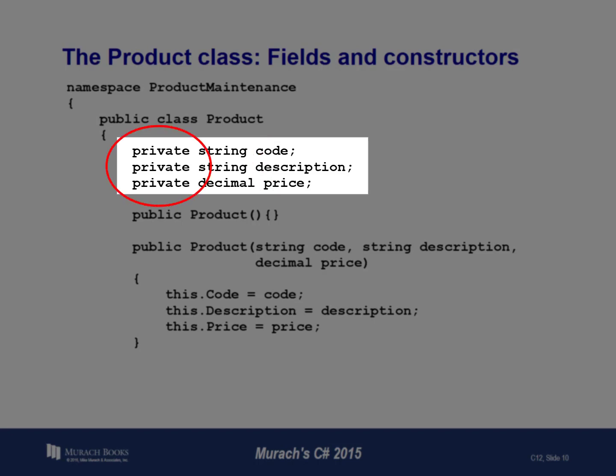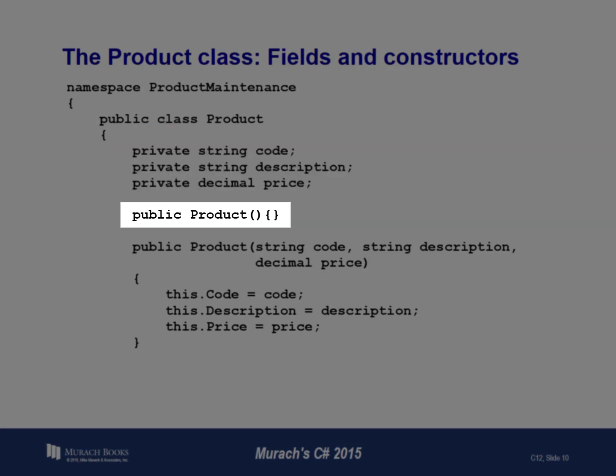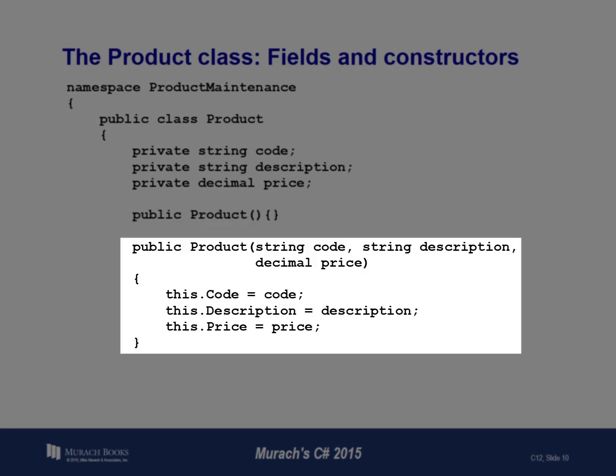They're all private. We're going to have 2 different ways to construct a product class. If the user constructs a product but doesn't specify the 3 different properties, the product will be created with an empty set of those 3 properties. However, if the user specifies the code and the description and the price, we will fill in that information behind the scenes.